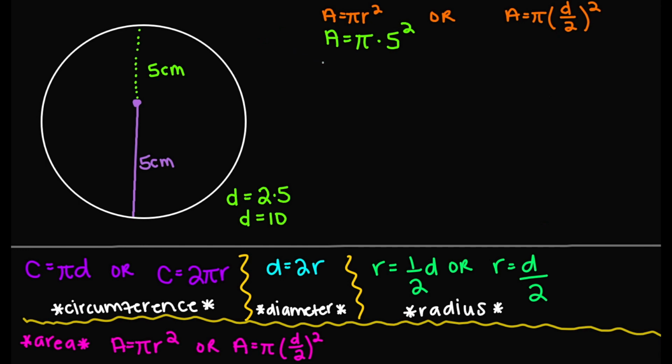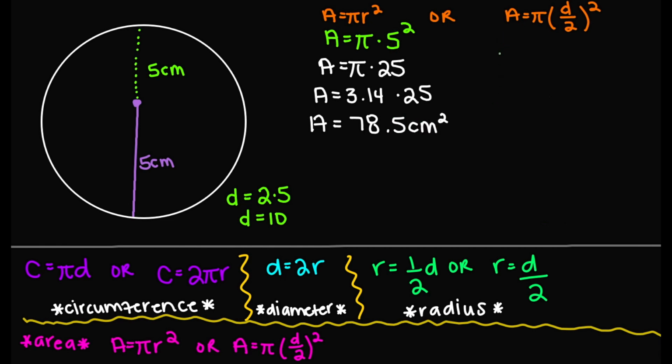So we're going to do A equals pi times 25, because 5 squared is going to equal 25. And then we have approximately 3.14 times 25. And then your area here is going to equal 78.5 centimeters squared.